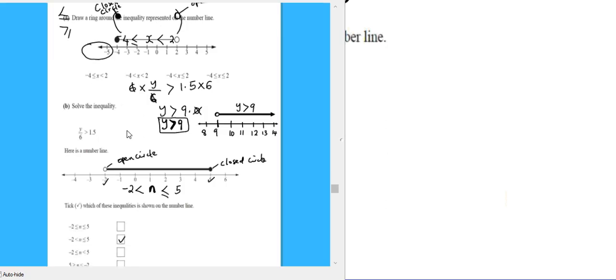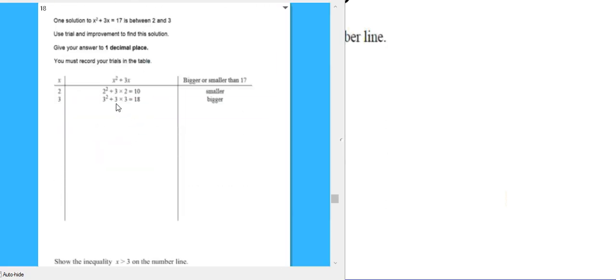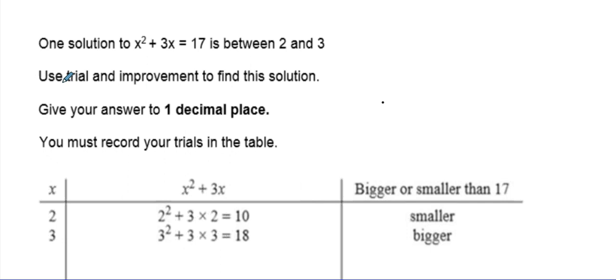The next page is this page over here. Now this question is talking about trial and improvement, and the question says one solution to x squared plus 3x equals 17 is between 2 and 3.